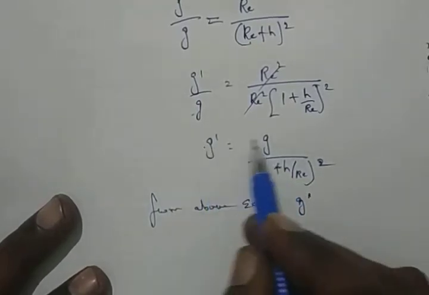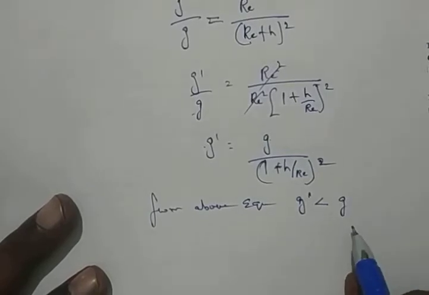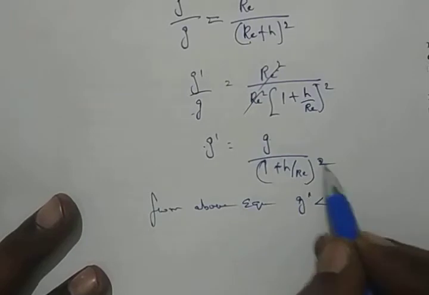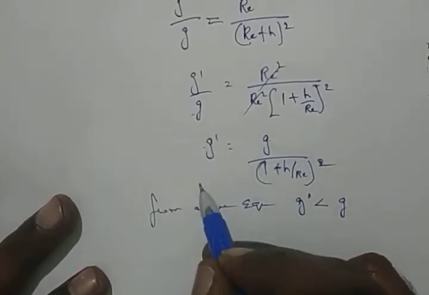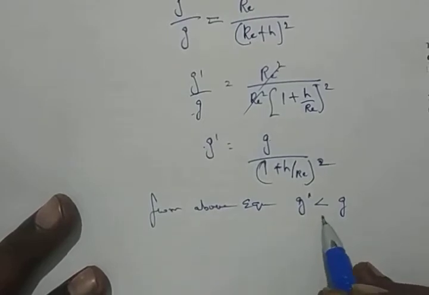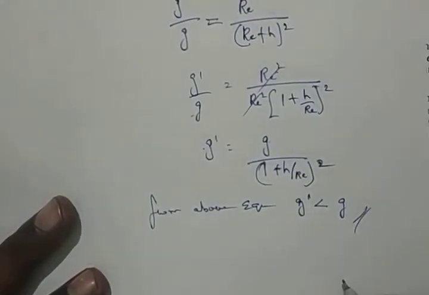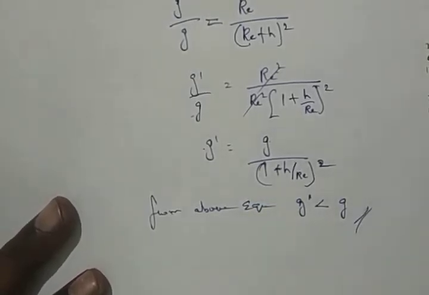G dash is bigger or G is bigger? G dash will be less than G. Because this height is increasing, this whole value will increase and G dash will get less. So G dash is less than G. Please remember this one.